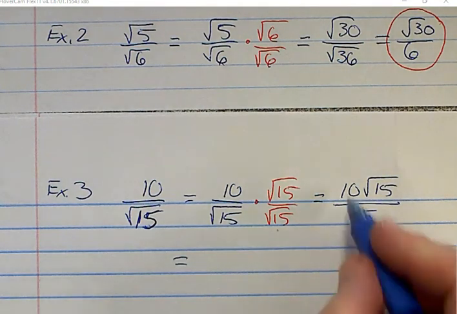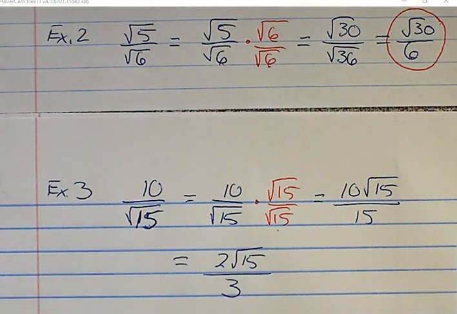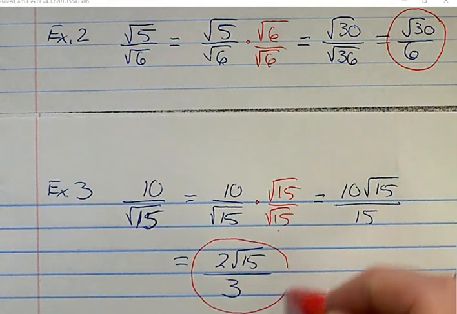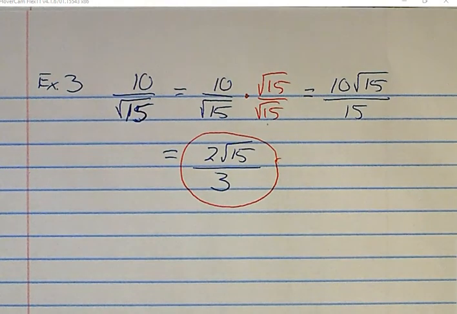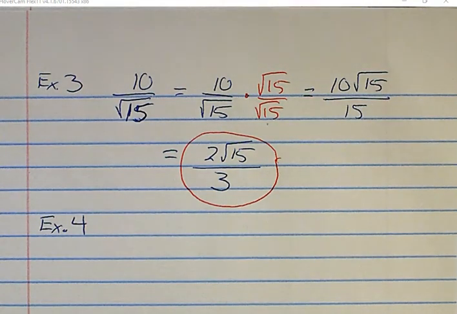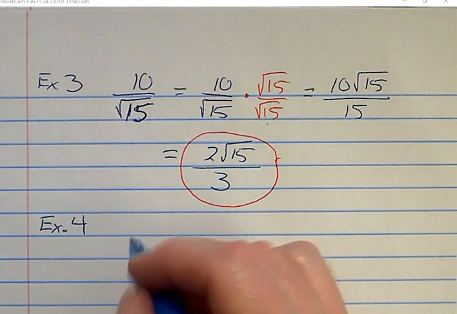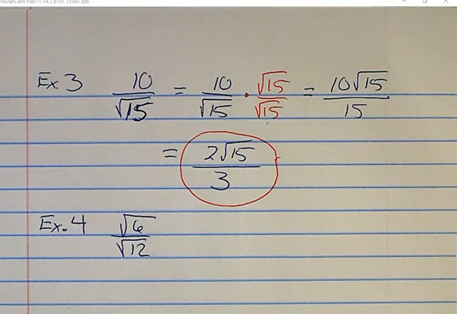Divide both of these by 5 and make it 2 square root of 15 over 3. One more of those, and then we've got one other small change we've got to make, and that'll be the last thing we're looking at here.